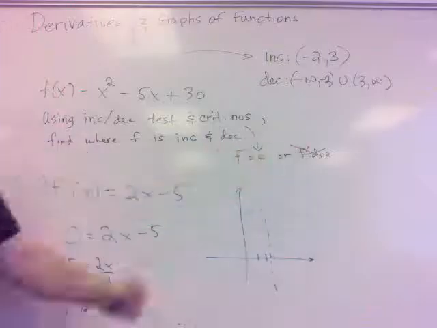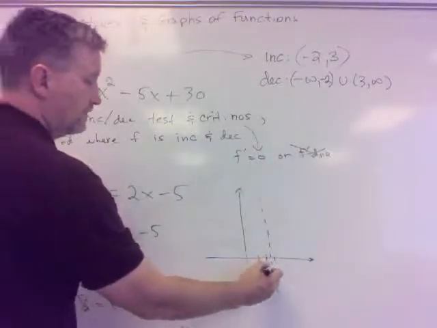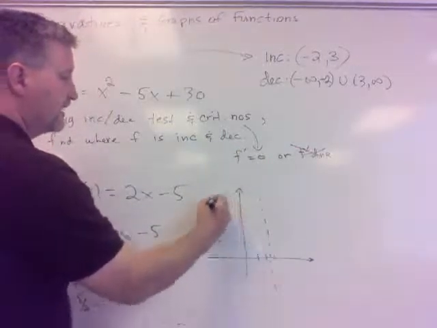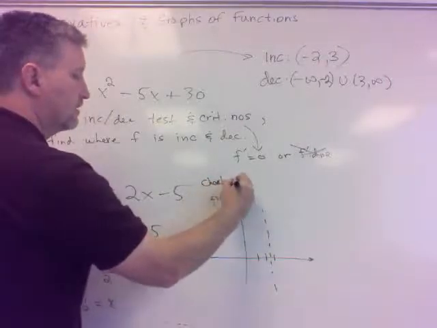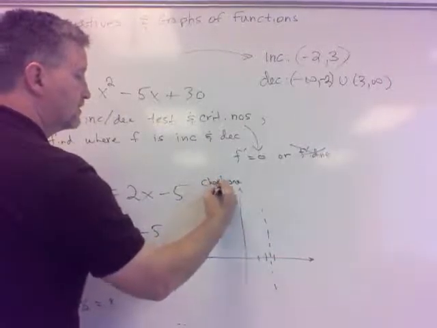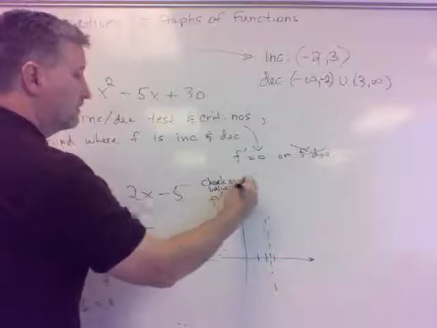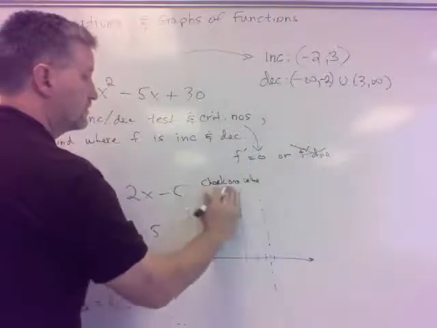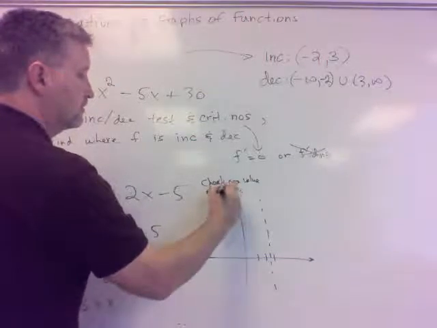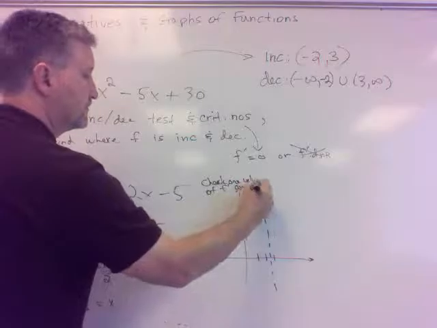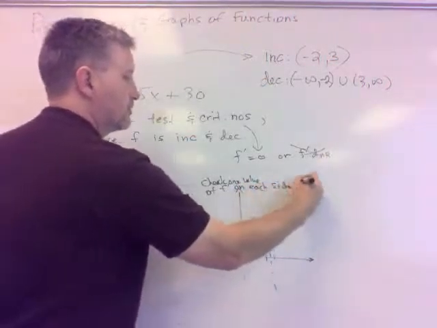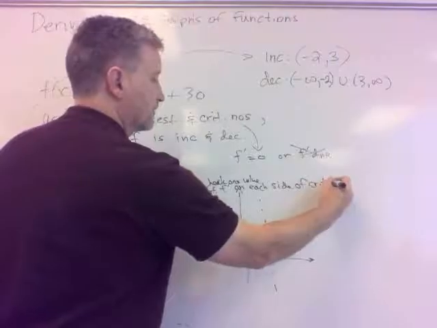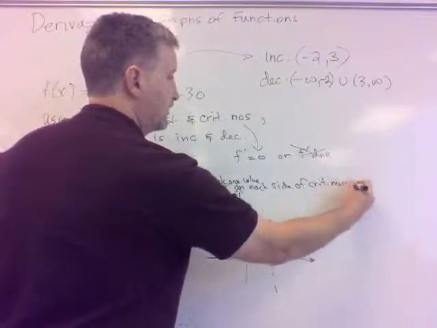Now, how do we decide? Well, the way I decide is to check just one value of the derivative on each side of your critical number. That's all you have to do, and that'll tell you everything you need to know.